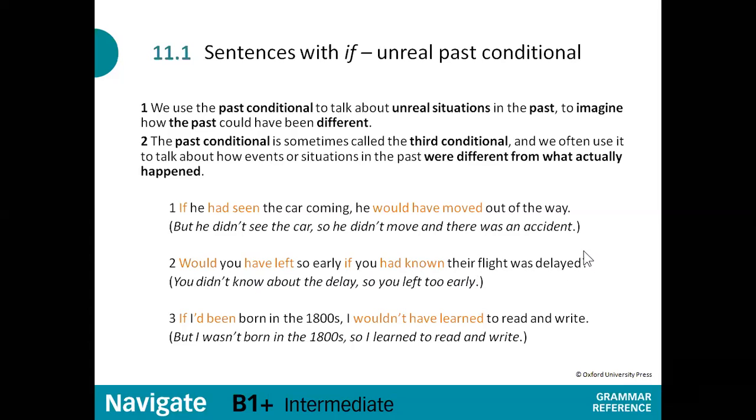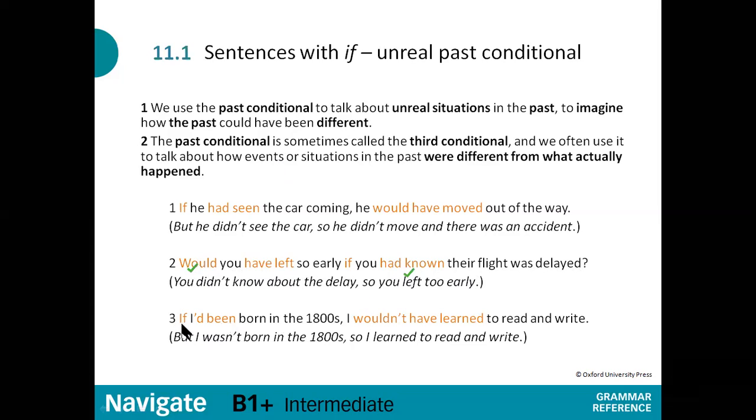This is a question, so would is at the beginning of the sentence. And in fact, you didn't know about the delay, so you left too early and you had to wait for some time.